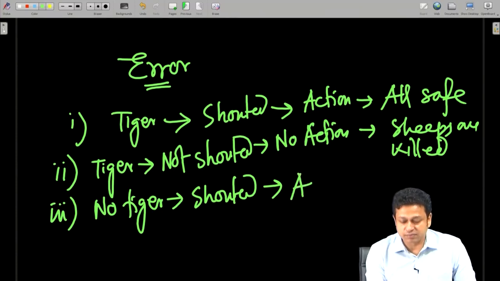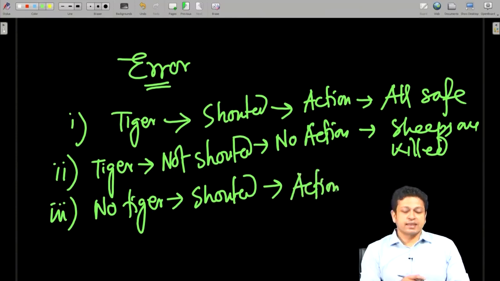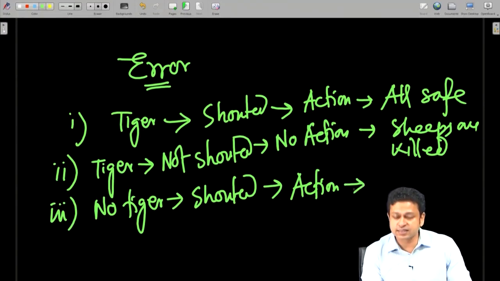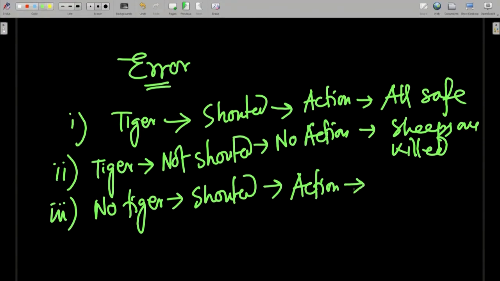So, there will be an action; people will come to save him, and when they see that it is just a prank, they will get angry. There will be a trust issue, and they will not come next time. So, there are so many possibilities. Let us say anger: the villagers get angry.